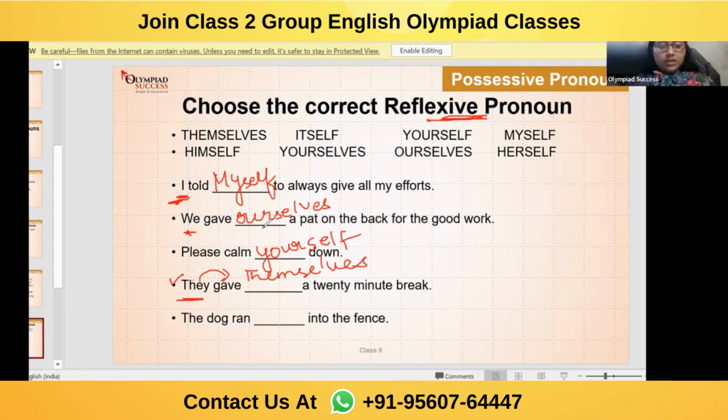Sorry. The dog ran itself into the fence. Itself. Yeah. Itself into the fence. Yeah. Good.